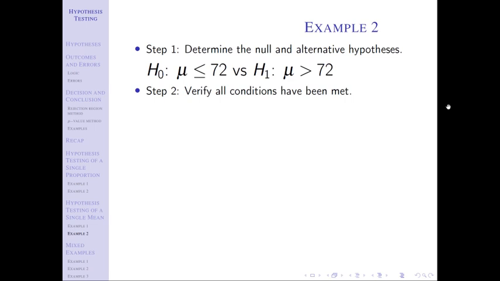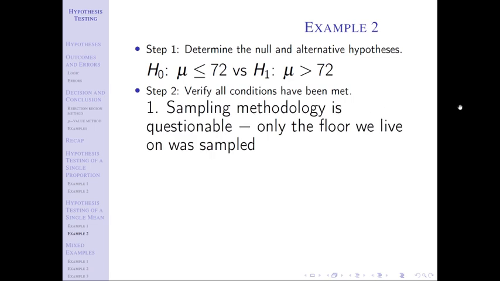And so that may affect our results, it may not, but the fact that we didn't get a good representative sample of rooms from all of the floors might be something that we want to talk about here. We can't just say everything's fine with the sampling, because I only got rooms on my floor, which may not be representative of the entire building.